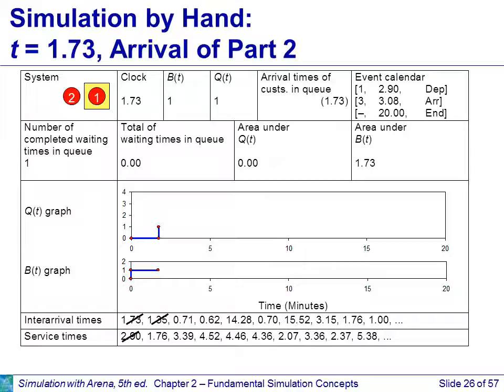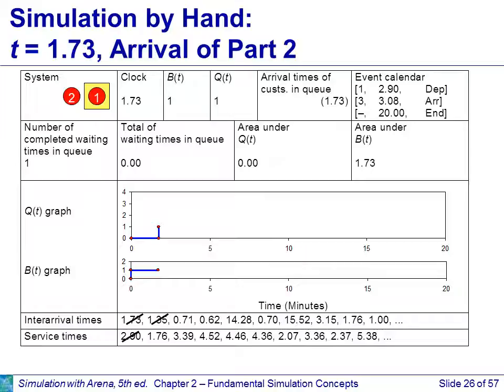So here, this 1.73 is the time between arrivals of parts 1 and 2, and 1.35 is the time between arrivals of parts 2 and 3. So when we add them together, 1.73 plus 1.35, we get 3.08, which is the arrival of part 3. And this is why we have this event here.